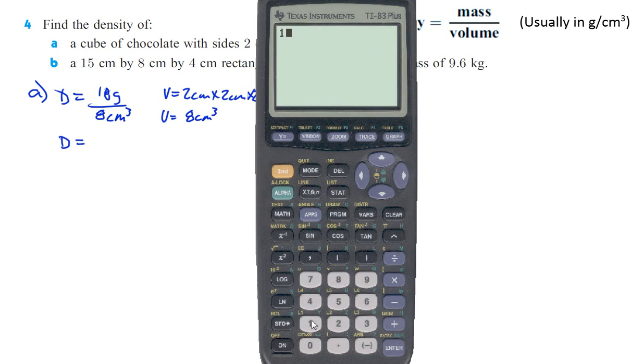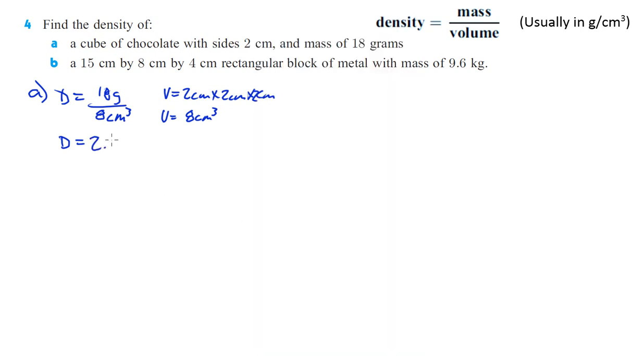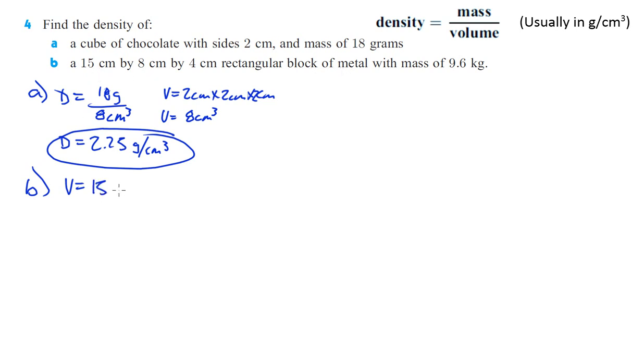Okay, so 18 divided by 8 gives us 2.25, and that's going to be grams per centimeters cubed for part A. For part B, we got a 15 centimeters by 8 centimeters by 4 centimeters rectangular block of metal. So let's start off by finding the volume first, because that's what we did on A. The volume of a rectangular block is just the length times width times height.